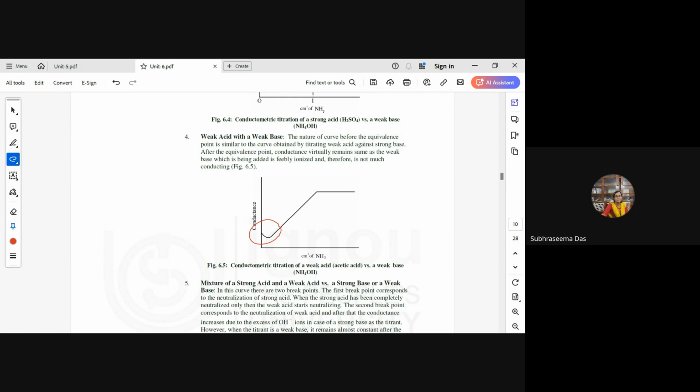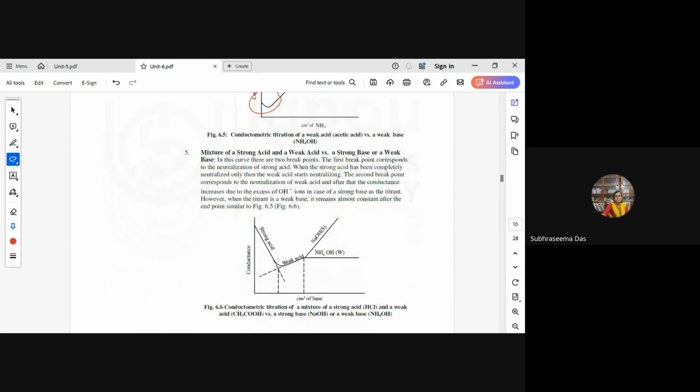After the equivalence point, the conductance virtually remains the same because the weak base, that is ammonium hydroxide, is a weak electrolyte and does not conduct much, which is why the conductance does not change much. So figure 6.5 shows the conductometric titration curve for acetic acid versus ammonium hydroxide.